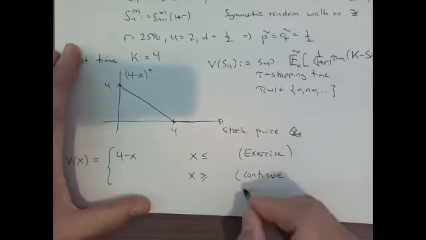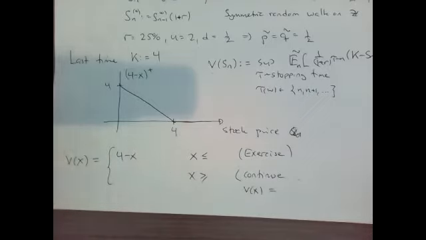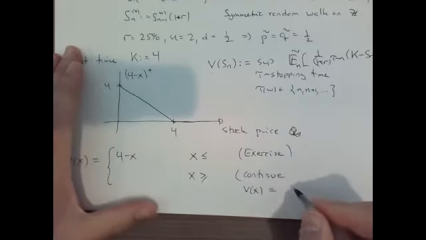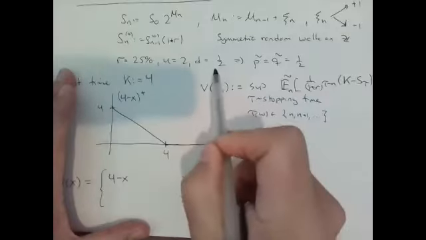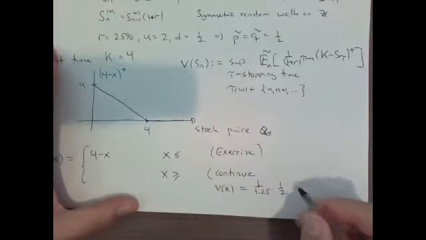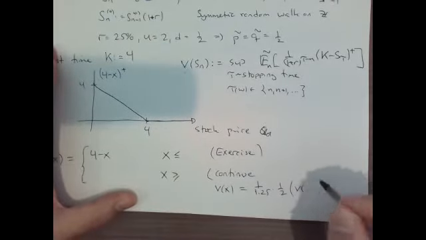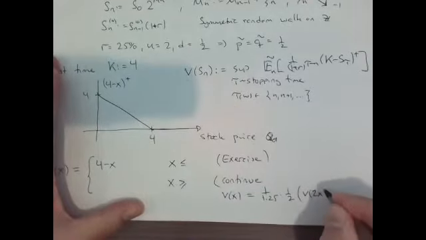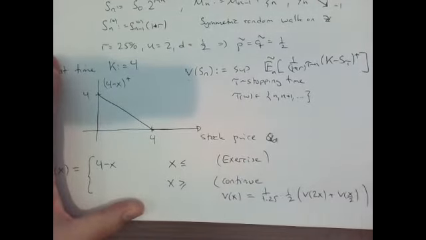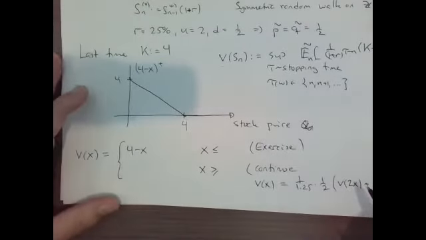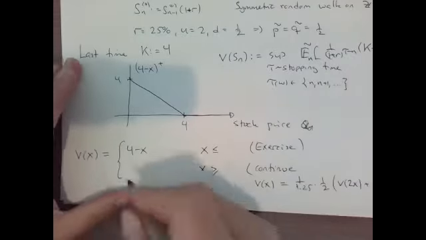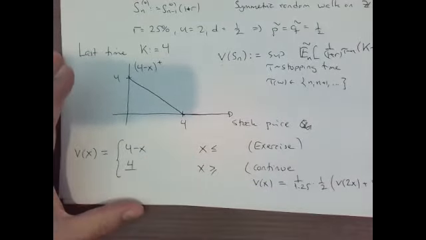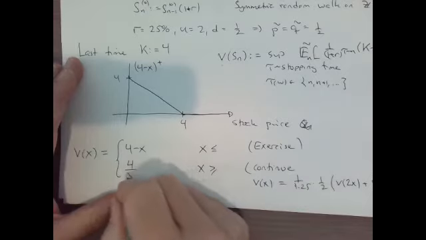We were looking at solving V of x being 1 over 1.25 times 1 over a half times, and then U was 2, so this is V of 2x plus V of x divided by 2. We were solving something like this, and we ended up saying that we get 4 divided by x.